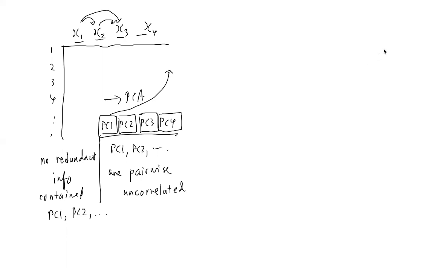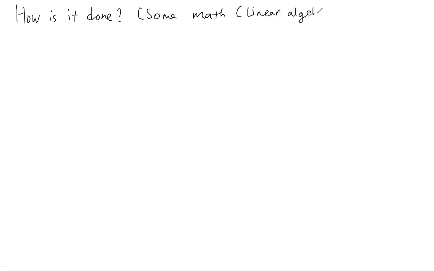Now let me clear this. How is it done? I need to talk about some math, specifically some linear algebra. So the raw material: what is the input? The input for PCA is a data matrix.